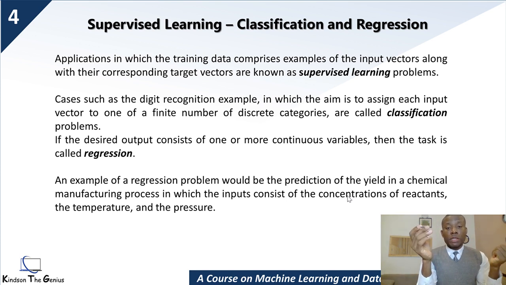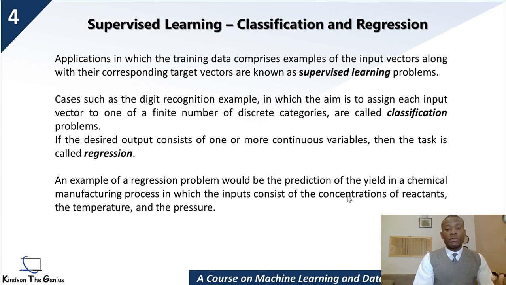But if the output consists of one or more continuous variables, then the task is called regression. For instance, if you want to estimate certain figures of the population at some point in the future, you are talking about a regression problem. This will become clearer as we move on.